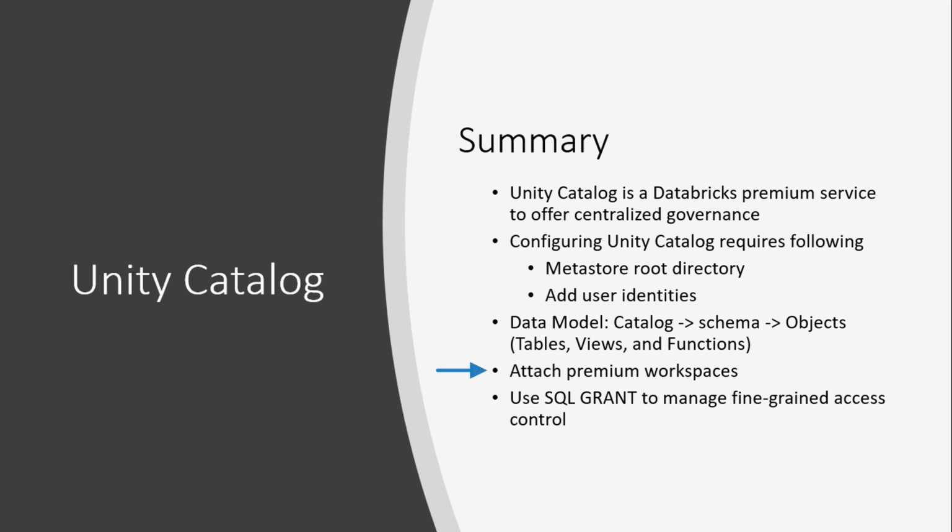You can configure a Unity Catalog metastore and attach one or more workspaces to the single metastore. However, all workspaces should be premium. Once Unity Catalog is attached to your workspace, you can use SQL grant commands to define fine-grained access control for your data objects. That's all. And we will start doing all this in the following lectures. See you again. Keep learning and keep growing.